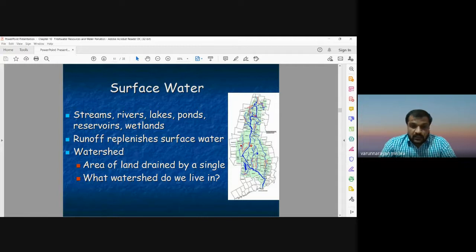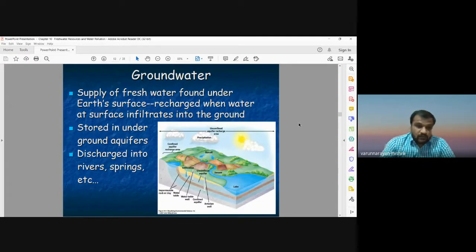Moving to the next slide, groundwater is another term, the supply of fresh water found under the earth's surface, and that water may come from the recharging of the surface water. There is recharging when water at the surface infiltrates into the ground. Water on the earth's surface will be infiltrated, recharged, and go inside.